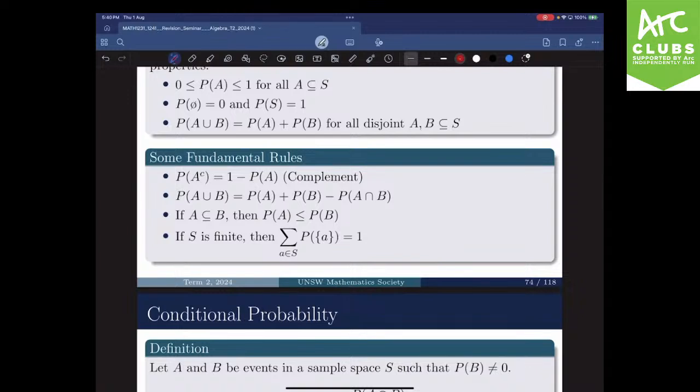And then P of A or B, which you'll realize is a more generalized form of the one we had above, should be equal to P of A plus P of B minus P of A and B. And then if A is a subset of B, then the probability of A occurring should definitely be smaller than the probability of B occurring. This is pretty obvious. And lastly, if S is finite, when I sum up all my probabilities, it should be equal to 1.